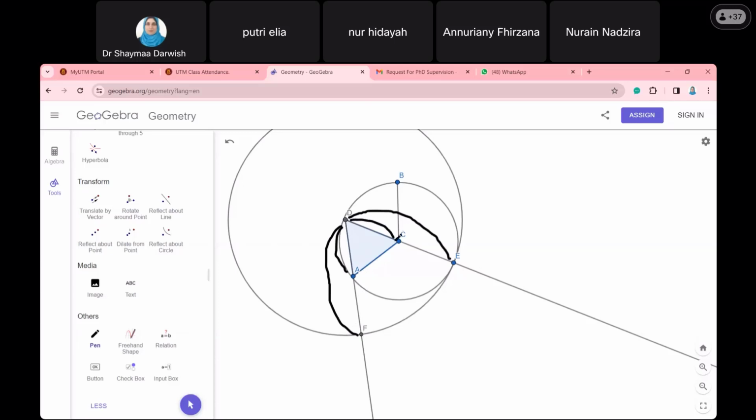AF will be equal to CE, and CE is equal to CB. So this means that CE is equal to CB and CE is also equal to AF. So we can conclude that CB and AF have the same length.